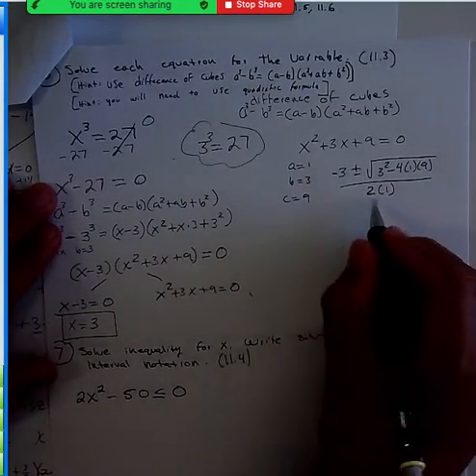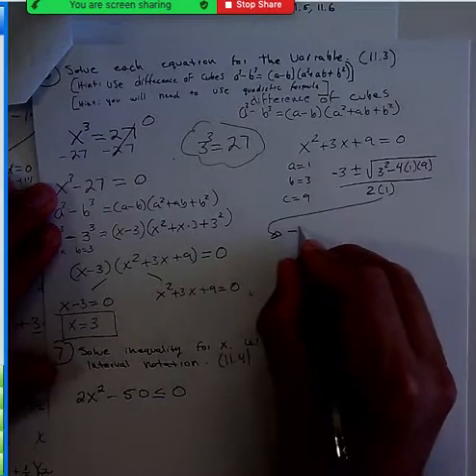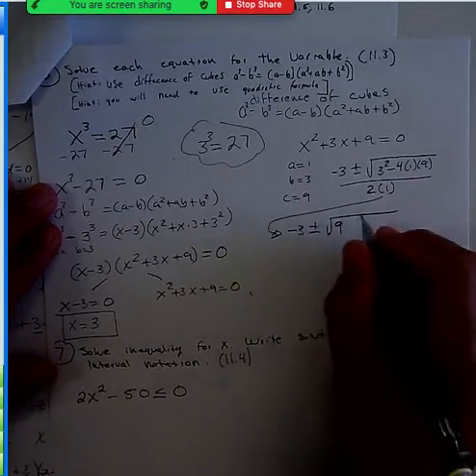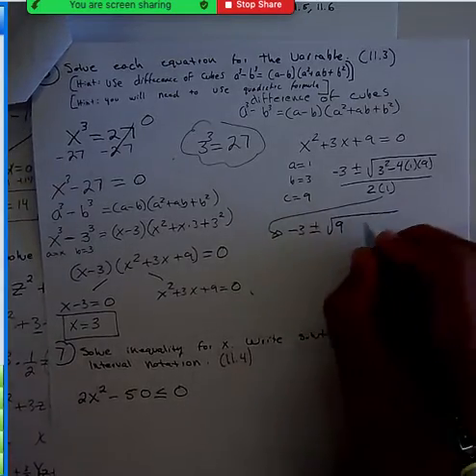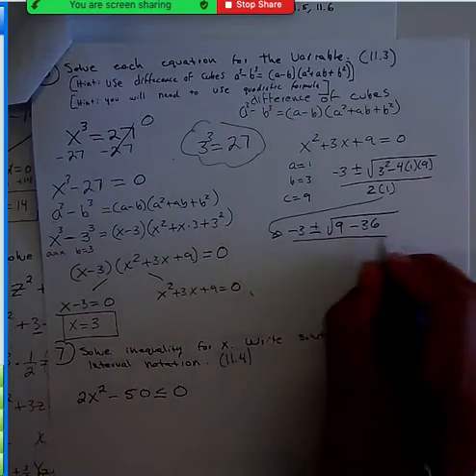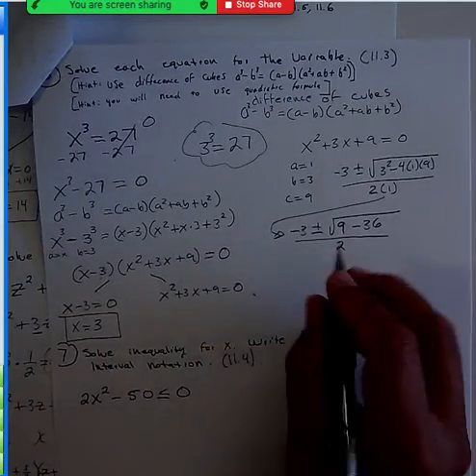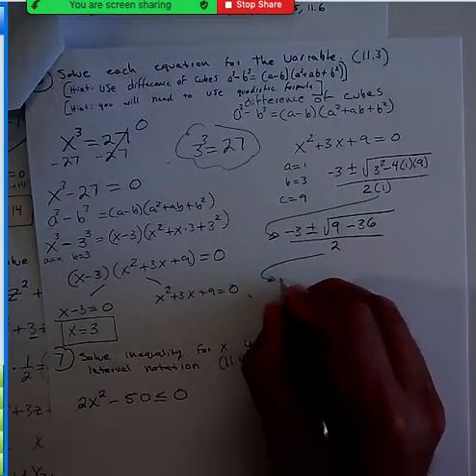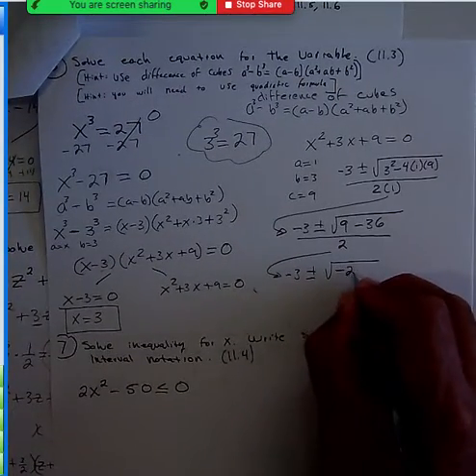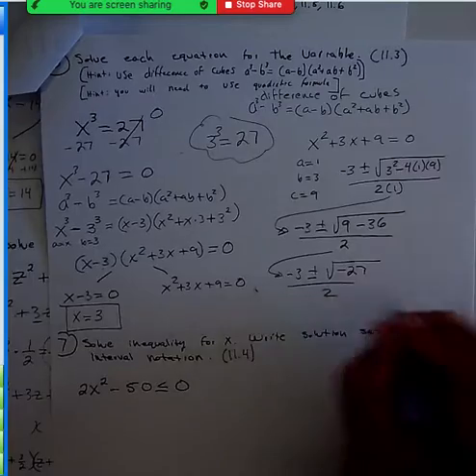So let's keep solving it. So 3 squared is 9, and 4 times 9 is negative 36 over 2. So negative 3 plus minus negative 27 over 2.